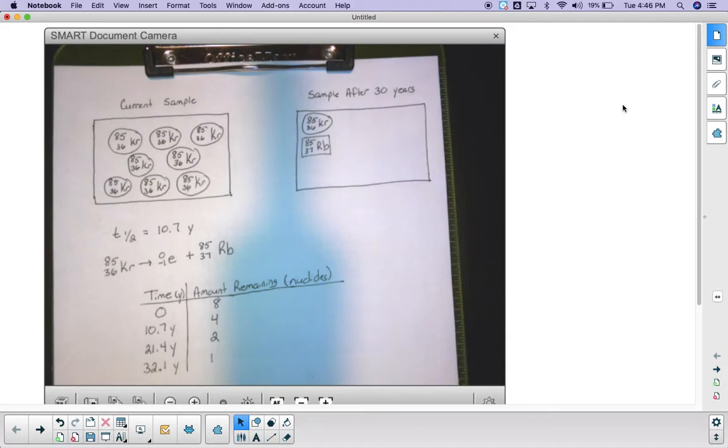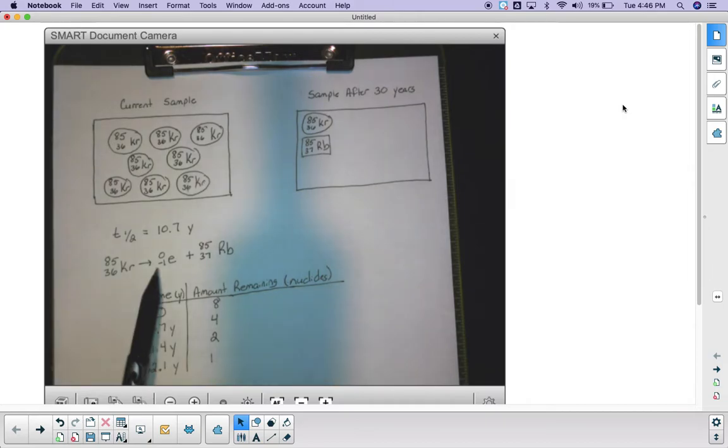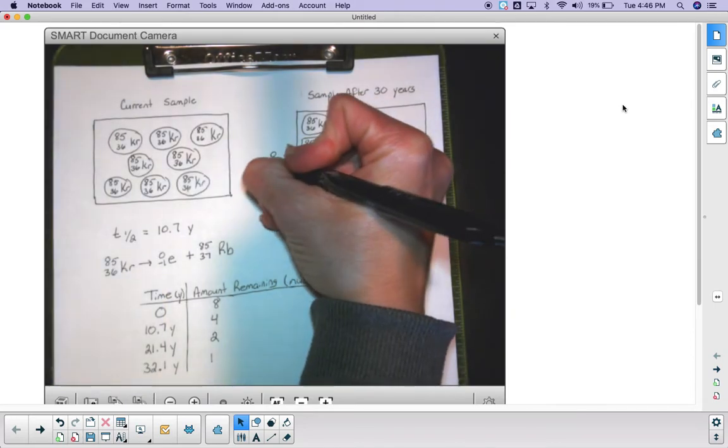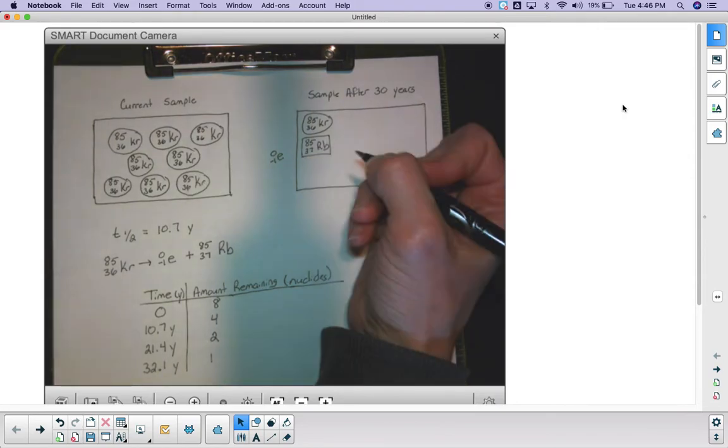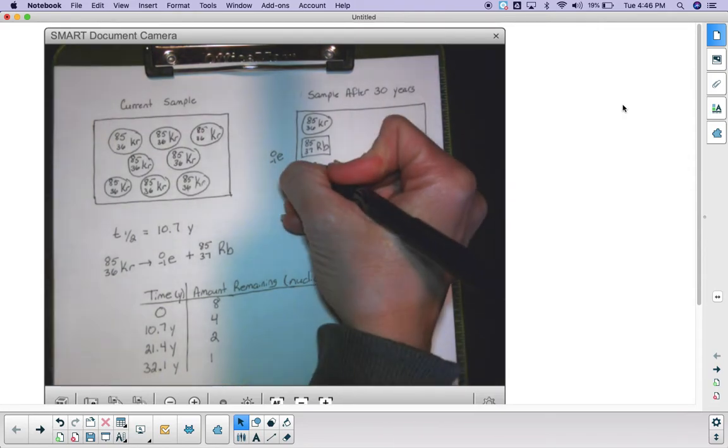I'm going to mark that with a rectangle just so that we can see very clearly that it's a different nuclide. And according to our decay equation, every time a krypton turns into a rubidium, a 0, minus 1 e leaves the sample. So I have to do that 7 more times.